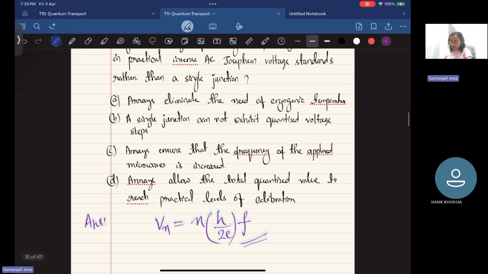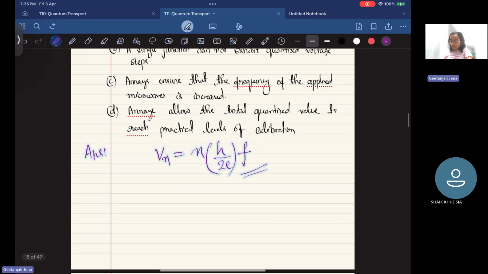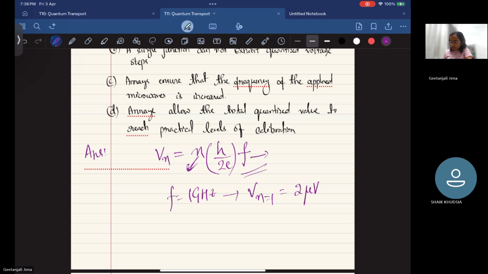Let me just go through this solution. If you look at the single junction, this is showing just the Shapiro steps, and F is the frequency. So if you apply, let's say, a frequency of 1 gigahertz, then the V_n, when n is 1, you get around 2 microvolt.